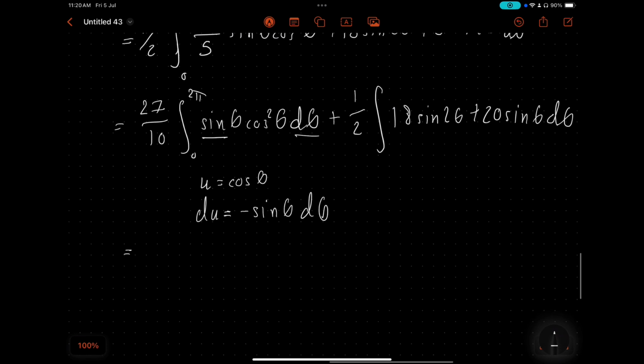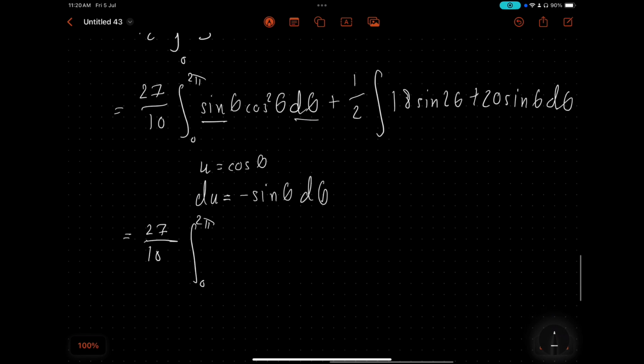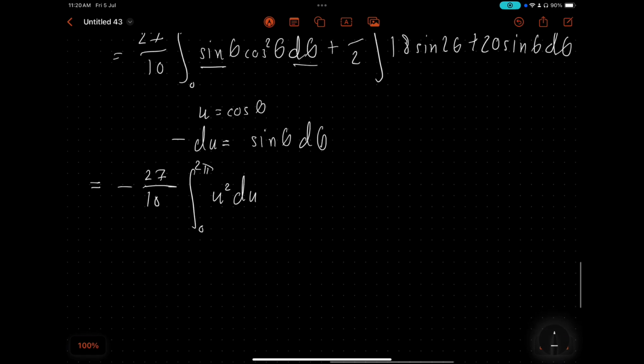So we're going to have 27/10 integral from 0 to 2π of u² du, and we take the minus sign out. Then we just integrate this.